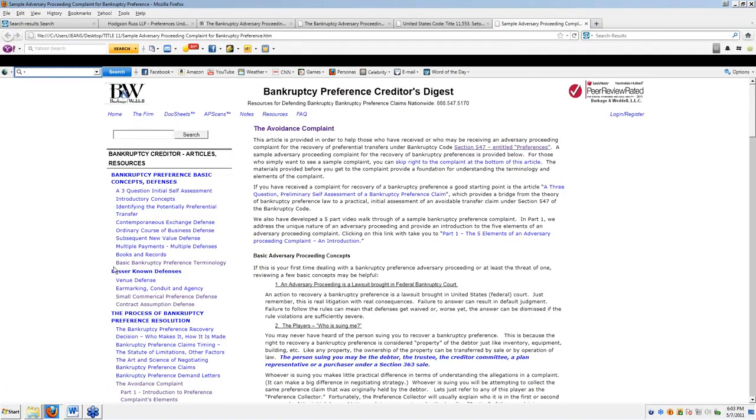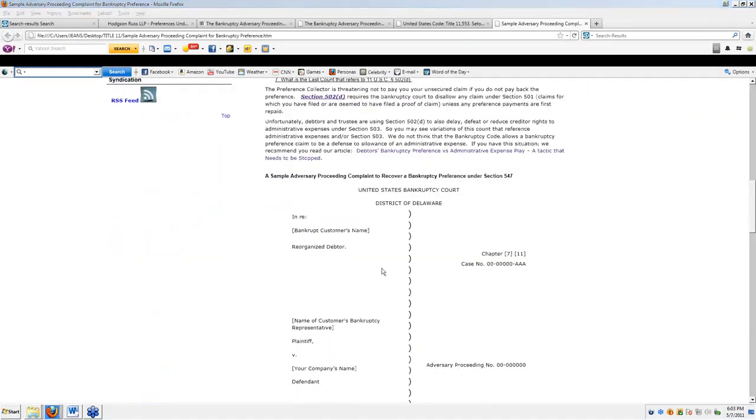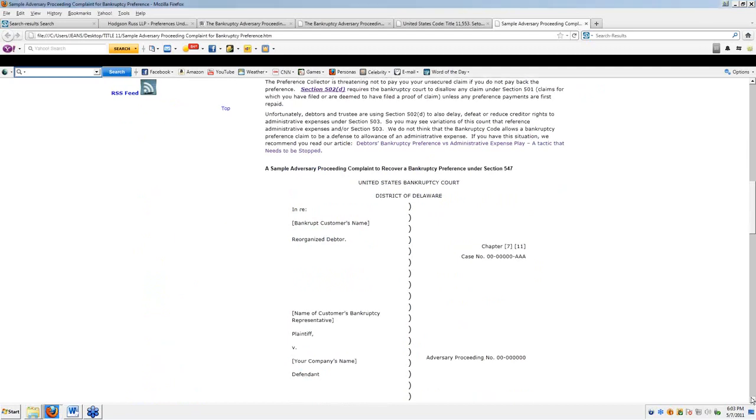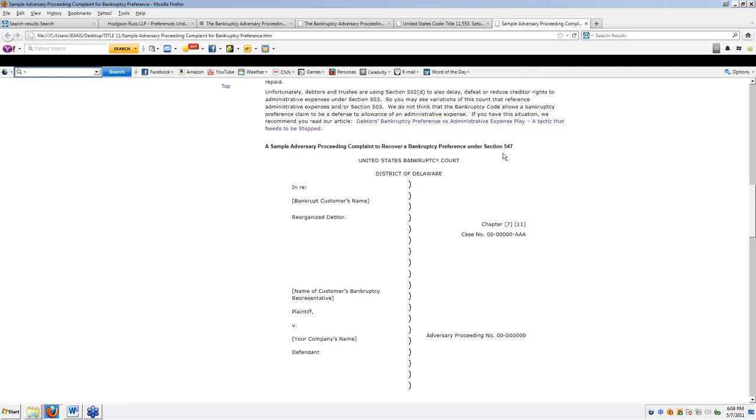Okay, can you see this? This is what an adversary complaint looks like. This is the form for it. We're doing one. What you need to do is read these rules. We're going to go in there and read these rules so you can see. But this is the form.